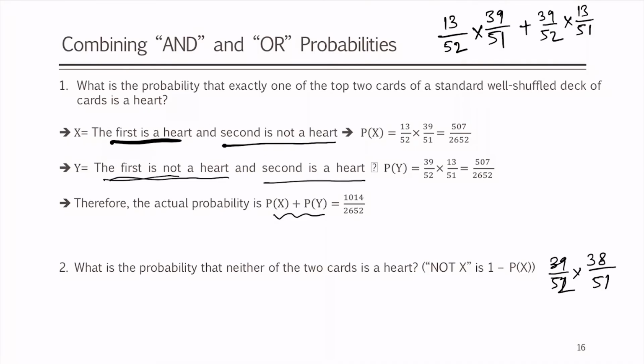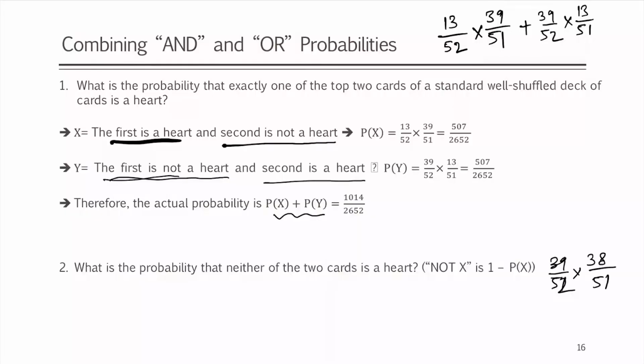I pick one of them, then I am left with 38 non hearts out of 51 cards. So, this is the probability that neither of the two cards is a heart. But I can also do it with a not probability: 1 minus the probability that either one card is a heart or both cards are hearts.